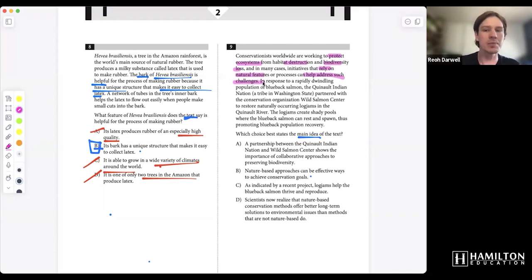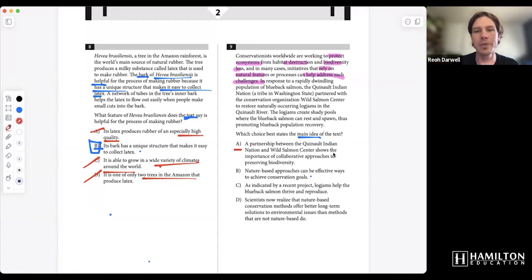Let's look at answer choice A. It looks like there is a fruitful collaboration that is helping biodiversity. A seems to be true. But is this relevant to the main idea of the text? Yes. But is it the main idea of the text?